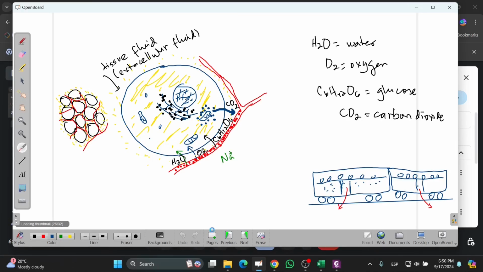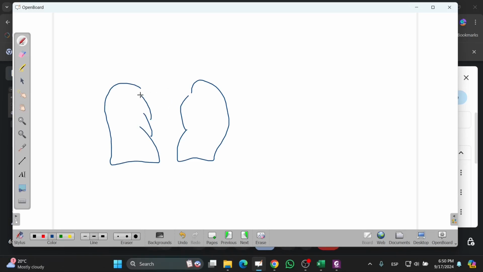Now, in the lungs, something very interesting happens also, because let's say this is your lung here, your left lung, your right lung, and then let's say this is the trachea, the larynx, and eventually you have your nose here somewhere.